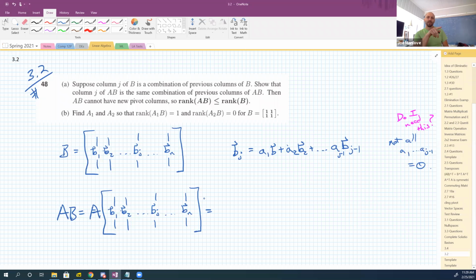So when you do a matrix A to a set of columns, you get a matrix made out of A done to each column. So I know that I can rewrite this as AB1 in the first column and AB2 in the second column.